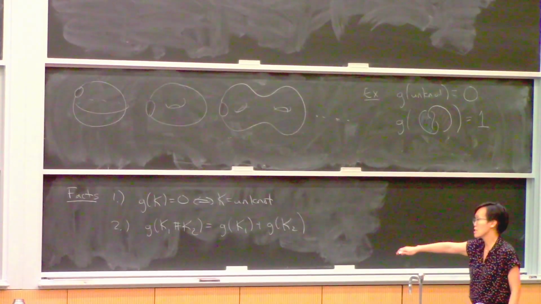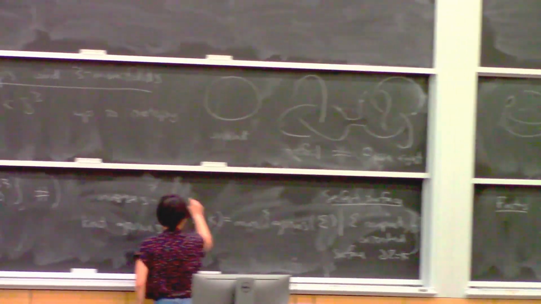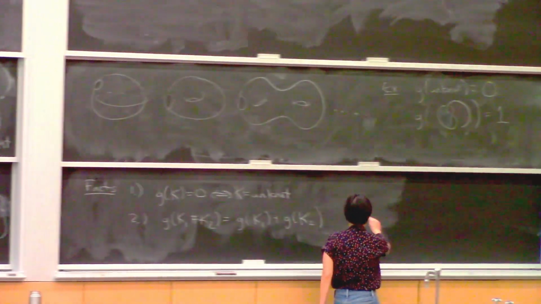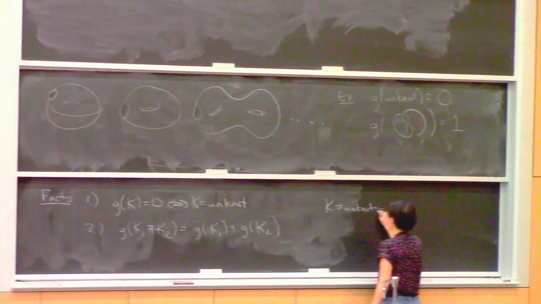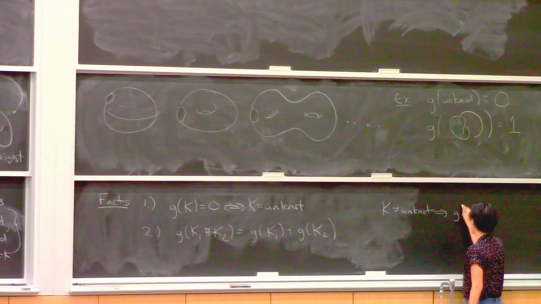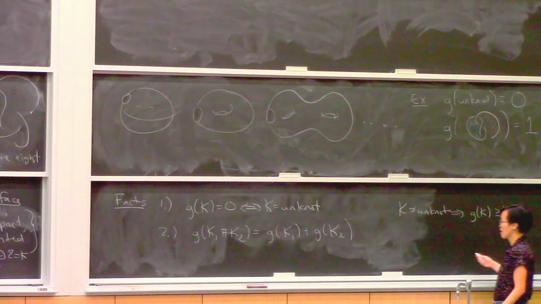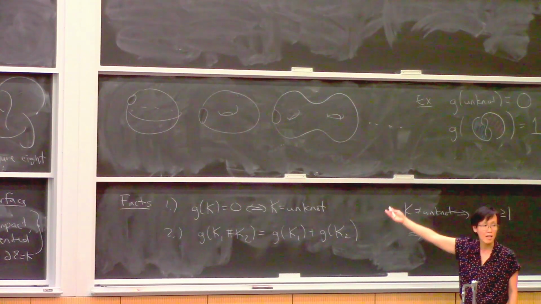Okay, and so these 2 facts are sufficient to conclude that we don't have inverses. Because if K is not the unknot, then fact 1 tells us that the genus of K is at least 1. And genus is always a non-negative integer.